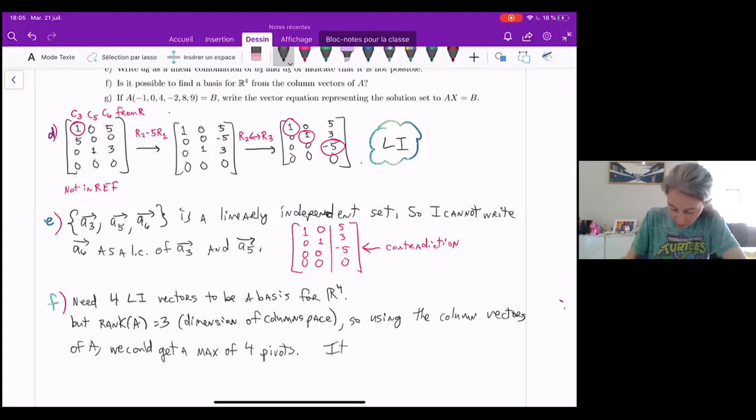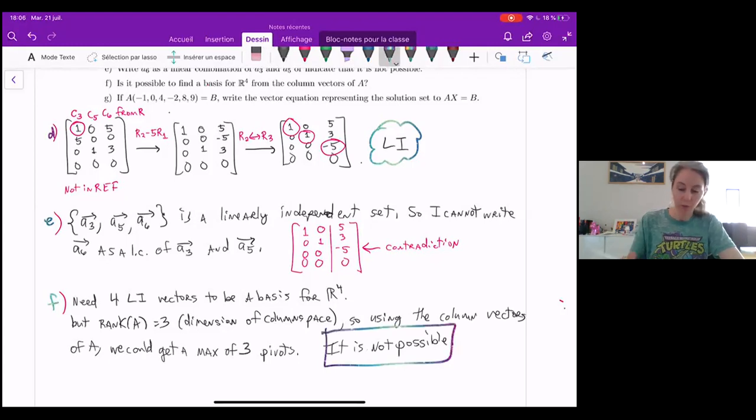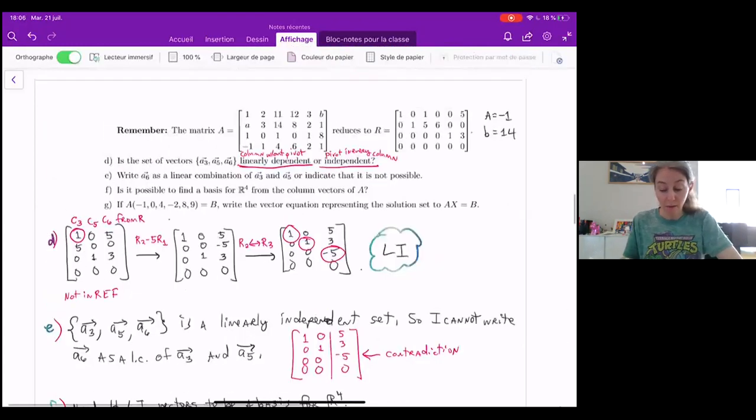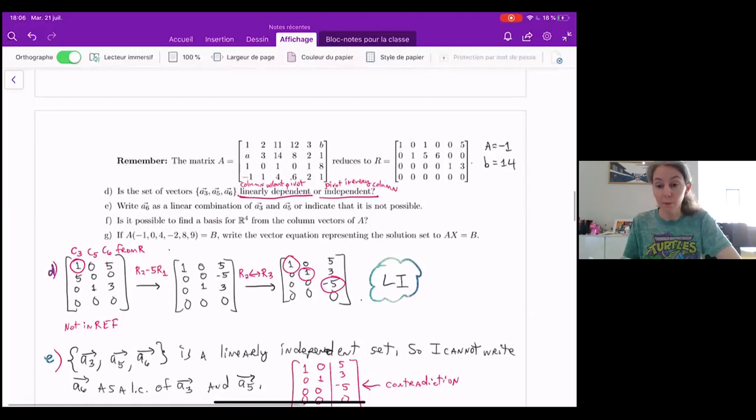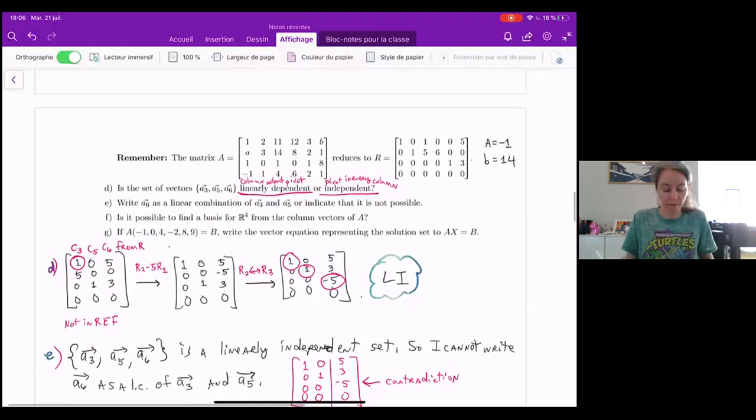It is not possible. And by 4, I am sorry, I mean 3. I'm having a great day today, guys. A max of 3 pivots because the rank is 3. The dimension of the column space is 3. So it's not possible. And again, look, there are 3 pivots up there. It's not possible to like magically create a 4th pivot.